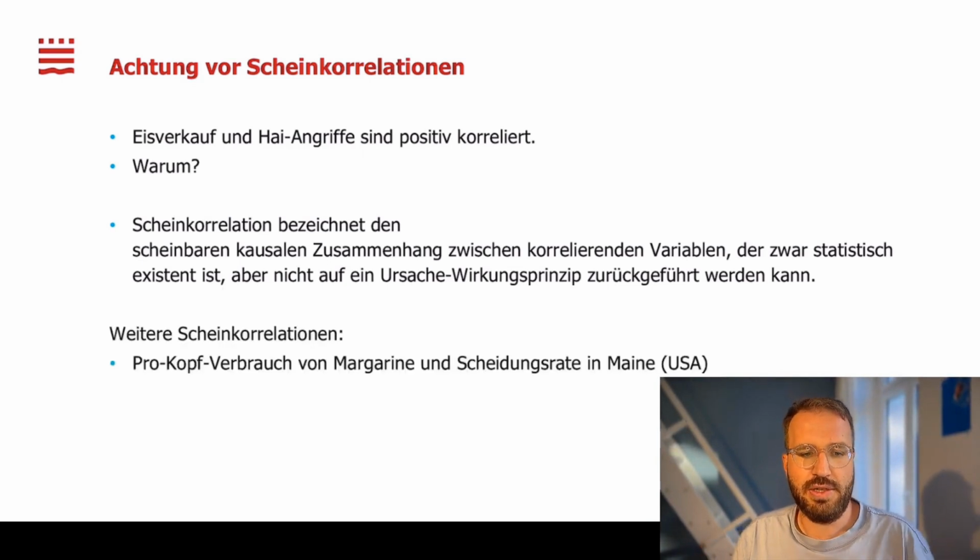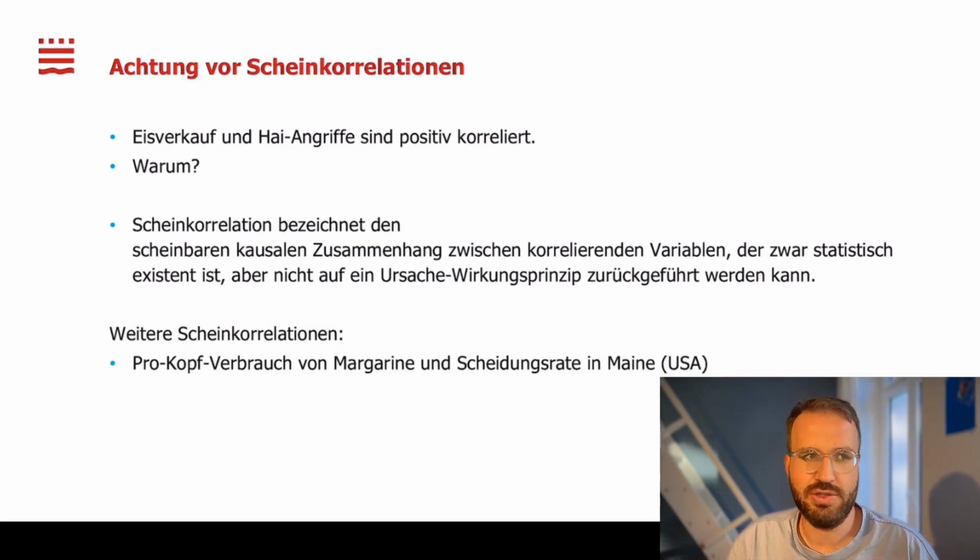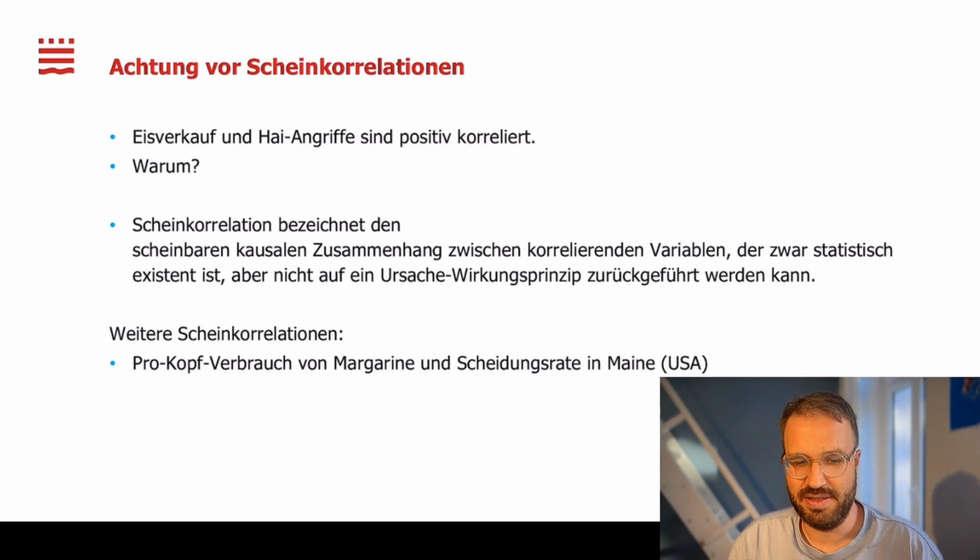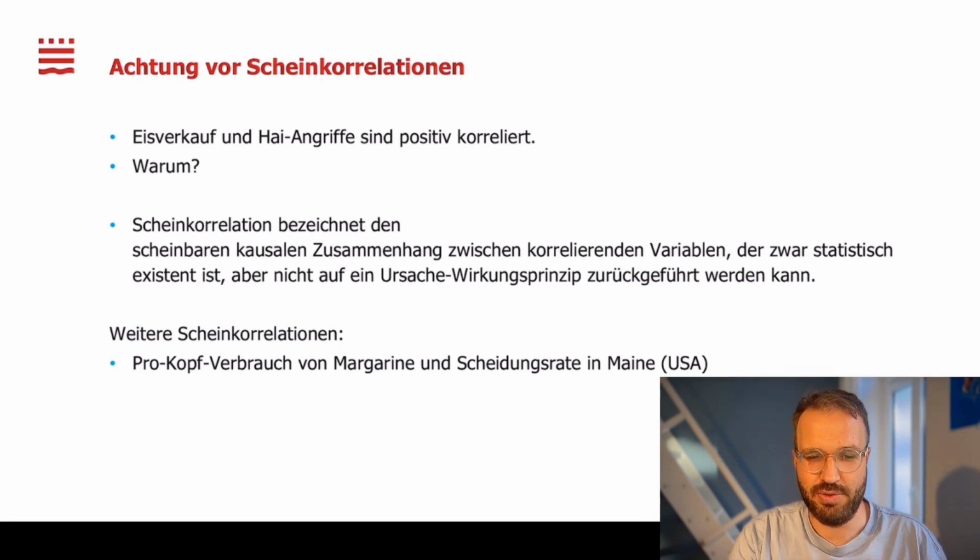There are more spurious correlations, such as the per capita consumption of margarine and divorce rates in Maine, which are well-known classics that are correlated for some reason. You might want to think about how these could possibly be related. Essentially, you need to try to find a third factor that has some kind of causal relationship with both.